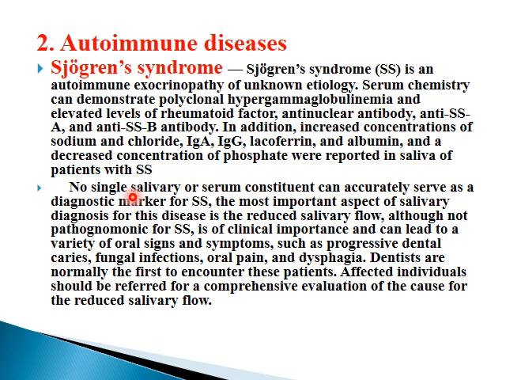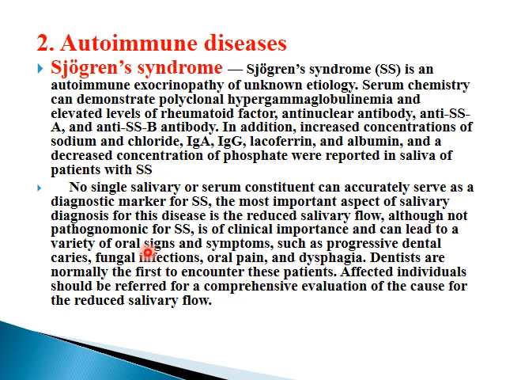No single salivary or serum constituent can accurately serve as a diagnostic marker for Sjogren's syndrome. The most important aspect of salivary diagnosis for this disease is the reduced salivary flow, or xerostomia.